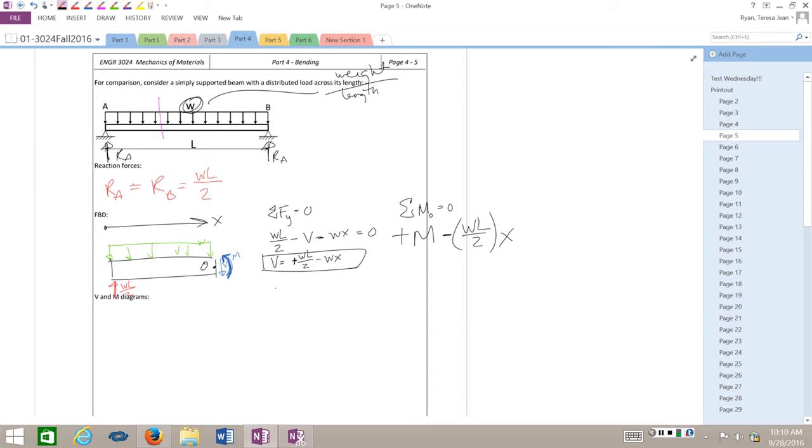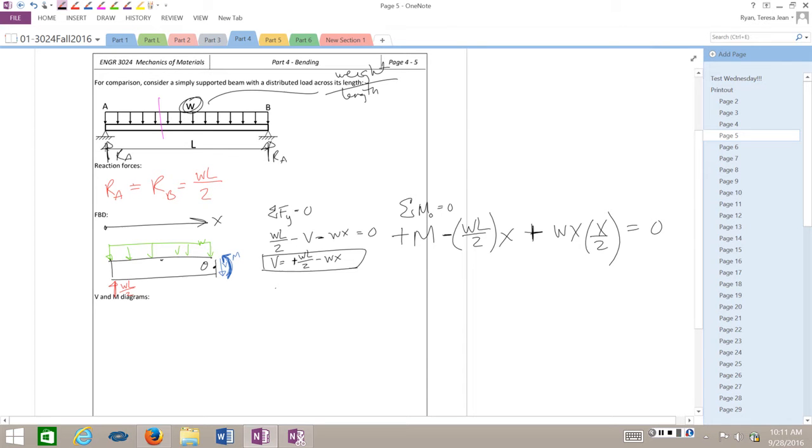That one's also going to be a plus about O. So we have to deal with the force that it creates, which is W times X. We already established that a second ago. And then what's the line of action of that one? Halfway, X/2.